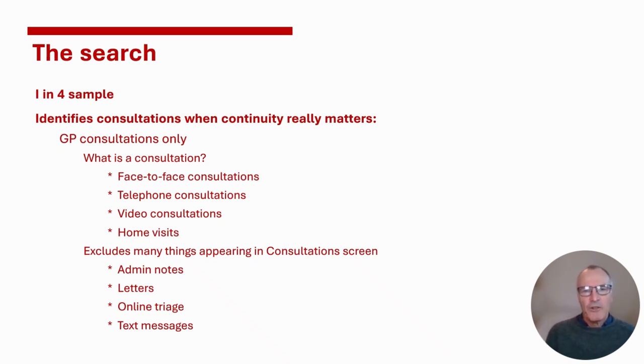And we decided that continuity really matters when it's with a GP and when it's a true consultation, either face-to-face or by telephone or by video or on a home visit. So we exclude lots of things that also appear on consultation screens, like administration notes and letters and online triage and text messages. Now, these are all subjective decisions based on our experience, but we wanted to focus on the situations when we think continuity matters most.